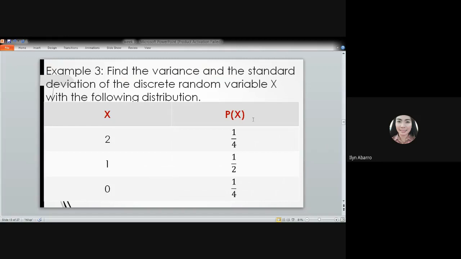And the probability distribution of the random variable x is 1/4, 1/2, and 1/4. So, dapat lagi ito ang total ay 1, di ba? Para siya maging probability discrete distribution. Okay? So, dapat siya ay 1.